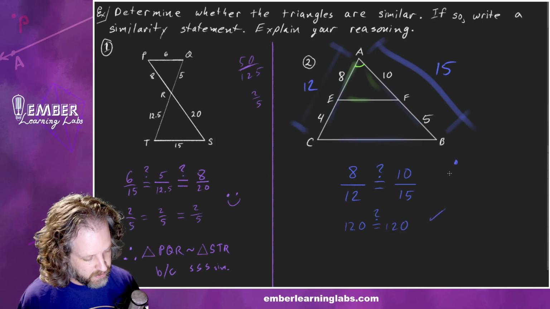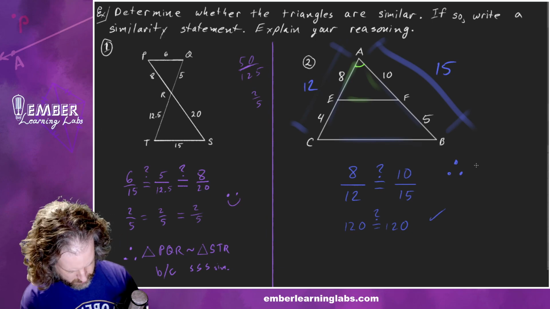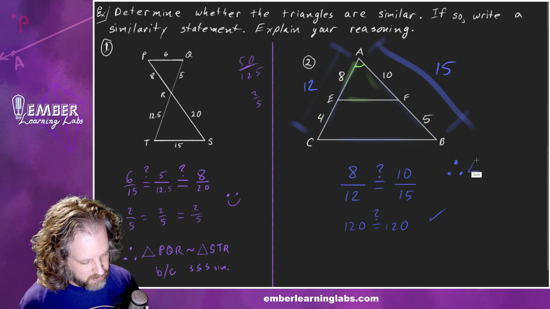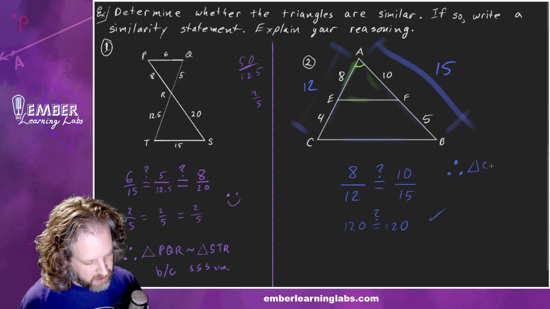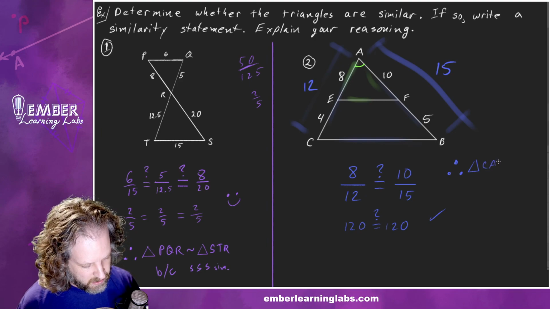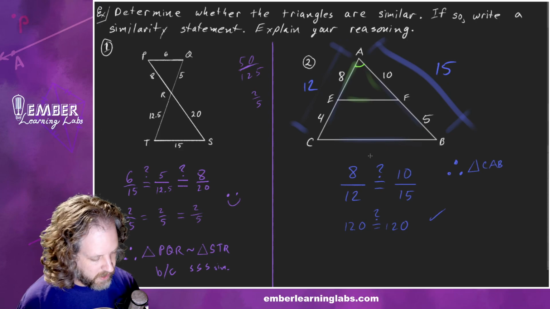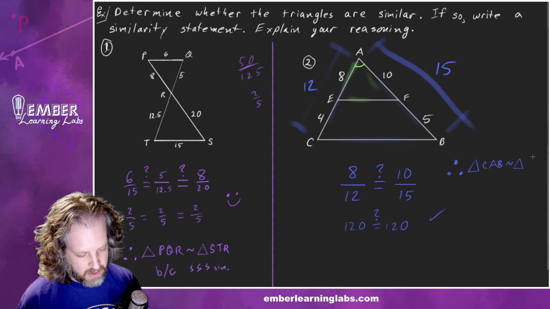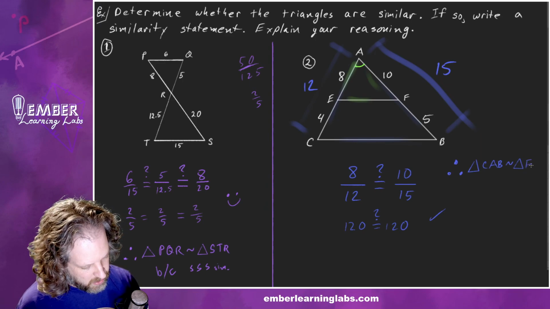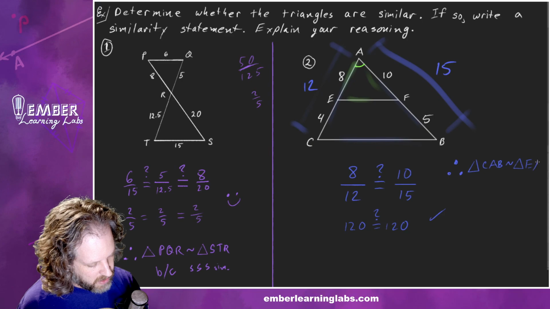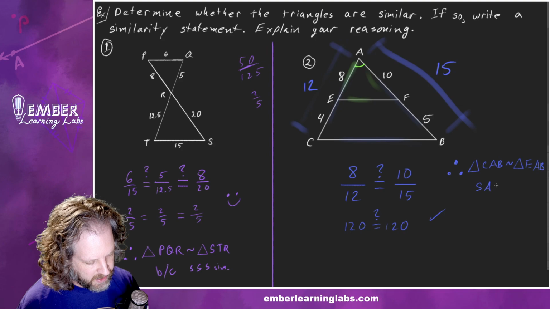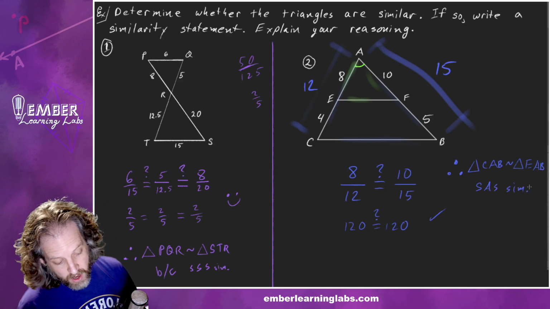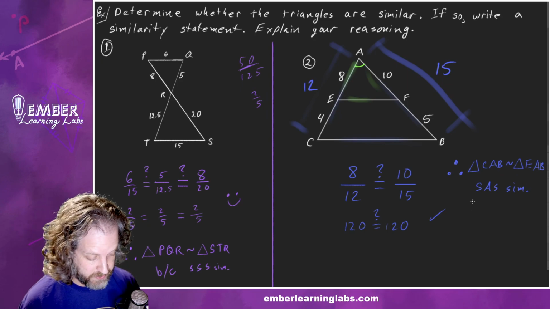So, therefore, triangle CAB, so the big one, right, is similar to triangle EAB, so the little one, EAB, because of side similarity. Easy peasy, right? Oh, and I should put, there's one more thing we use, right?